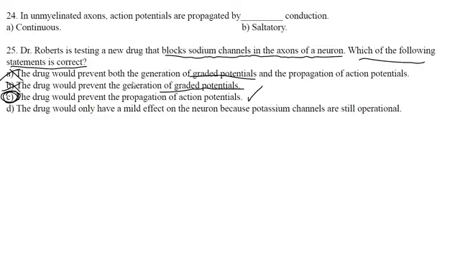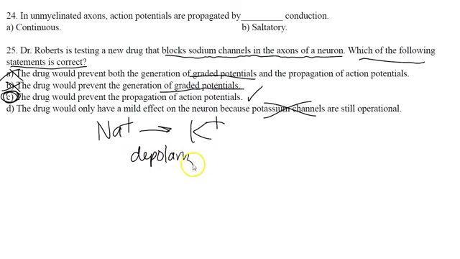Potassium channels don't even open until you're doing repolarization, right? So when it says, oh, we have potassium channels, it doesn't matter, that's not true because we need sodium channels first to open before we can have our potassium channels open once we depolarize to plus 30 millivolts. Okay, folks?